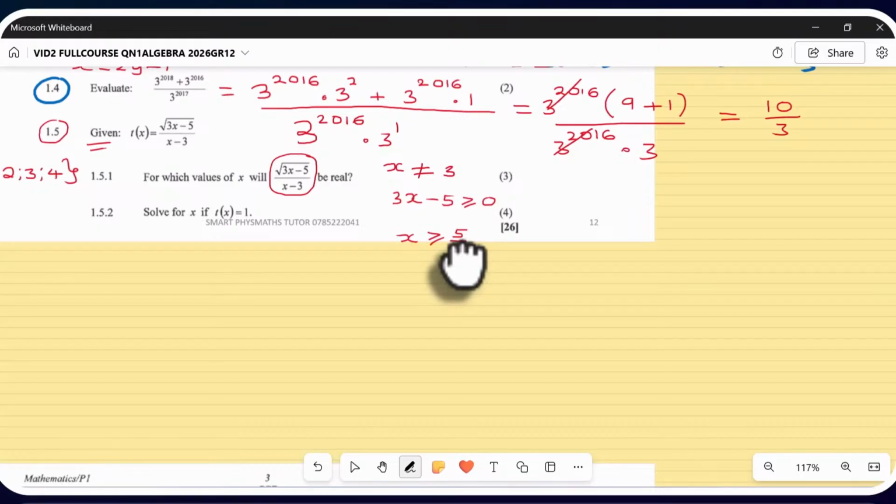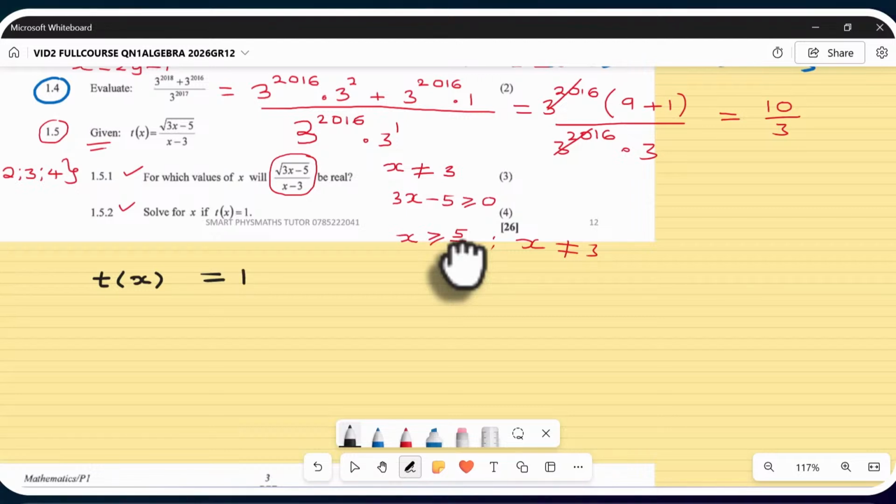So if I cancel the root with a square here, I get 3x minus 5 equals x squared minus 2 times x times 3, which is minus 6x, then if you square the negative 3, you get a 9. So here, for x squared, now standard form. Now minus 6x minus 3x, that's minus 9x.